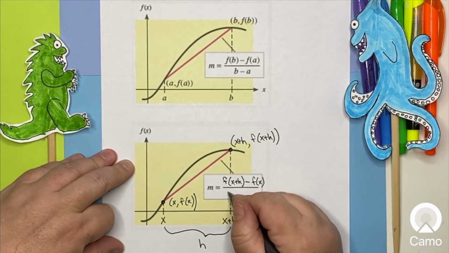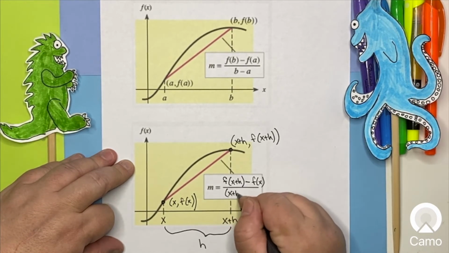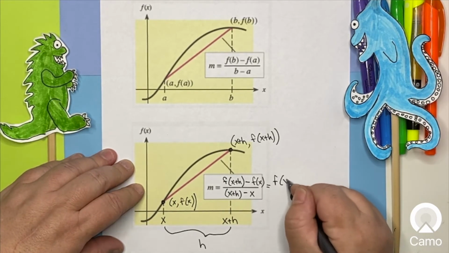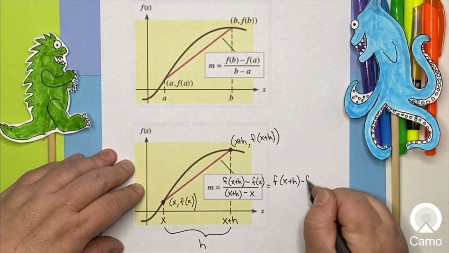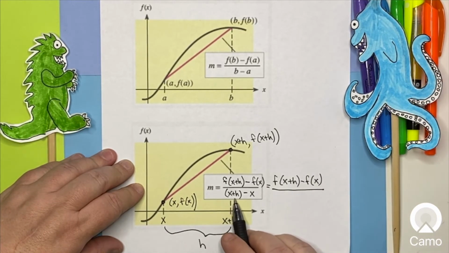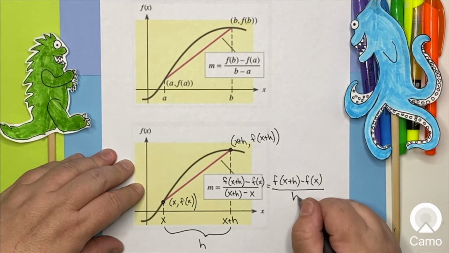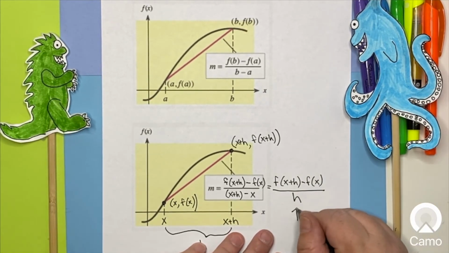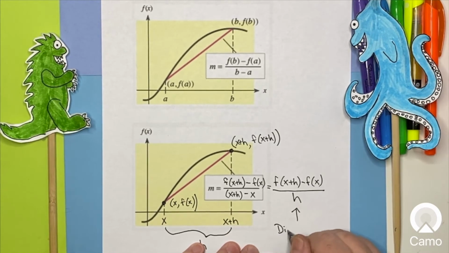And down here, we've got x plus h for b minus x. And that is f of x plus h minus f of x all over x plus h minus x, h. And this is the difference quotient that we already started talking about a few chapters ago.